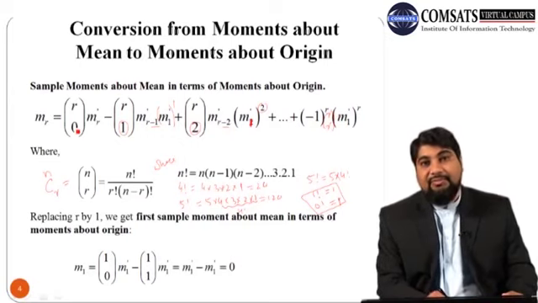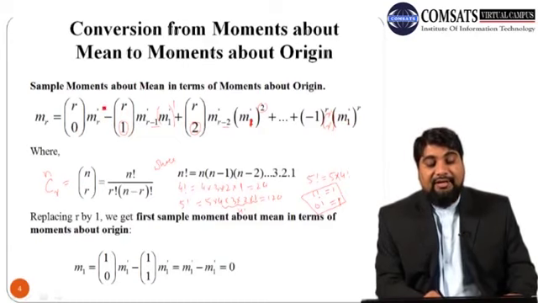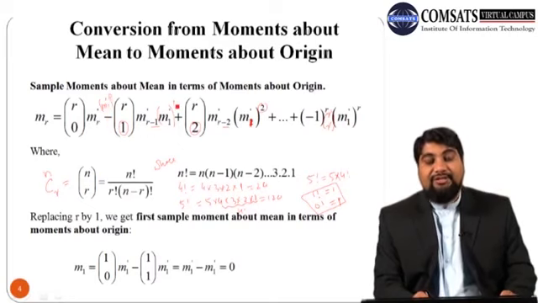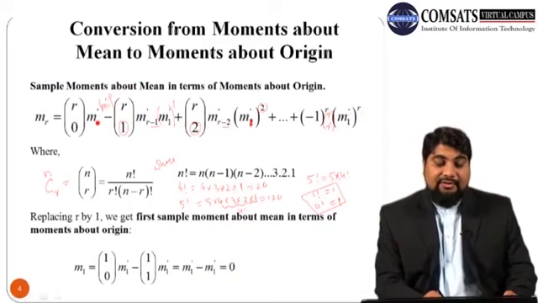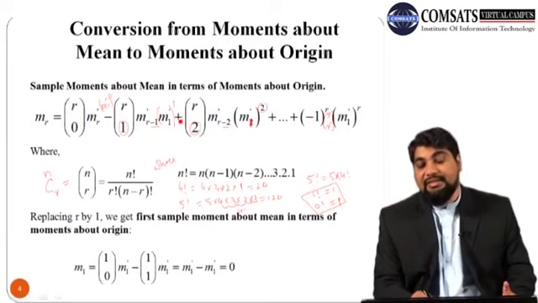So rC0, so start from 0, then rC1, rC2, rC3 and rCr, and then we have here m1 dash raised to power 0, so any number raised to power 0 is 1, so that's why I have not written it here. So then m1 dash raised to power 1, then m1 dash raised to power 2, and so on, m1 dash raised to power r. So next, note that the first term has plus sign, the second term has minus sign, the third term has again plus sign.